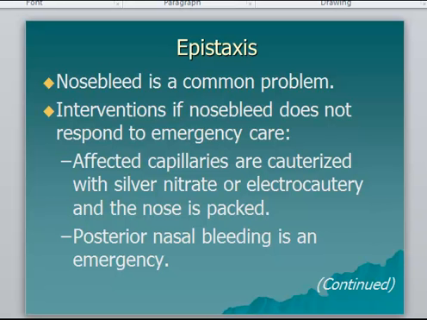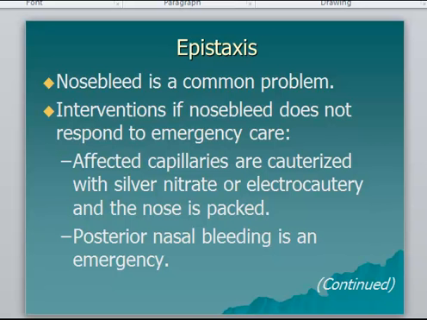I've never seen one, never have used one, but supposedly the plug expands on contact with blood and the compressed mucosal blood vessels, and it usually can be removed within an hour. Of course, medical attention is needed if the nosebleed does not respond to the interventions in the chart on page 582, and in those cases, the capillaries may be cauterized with silver nitrate or the nose packed.